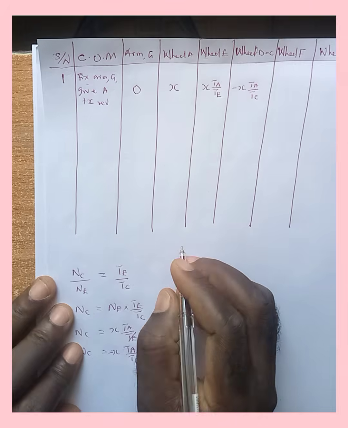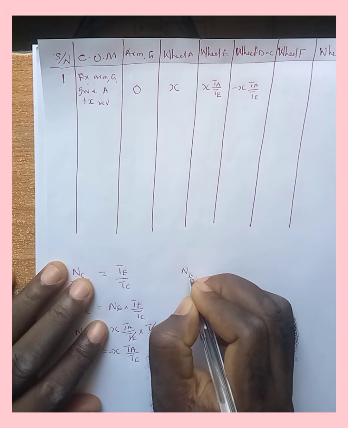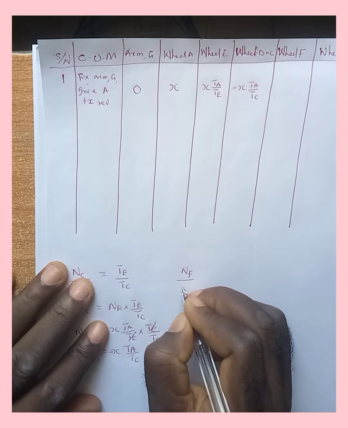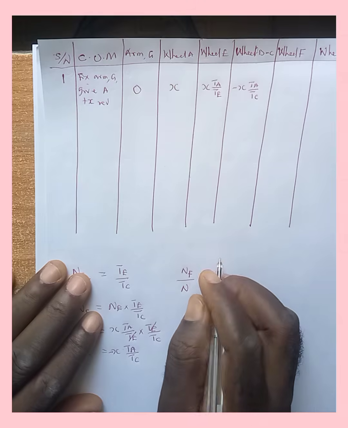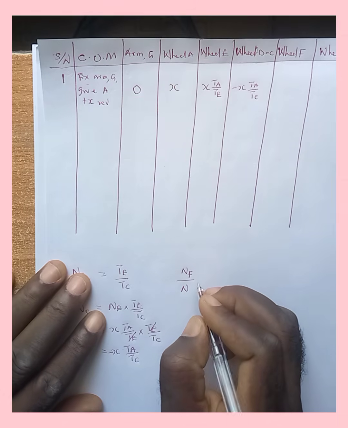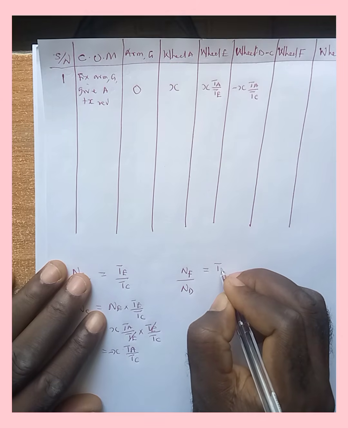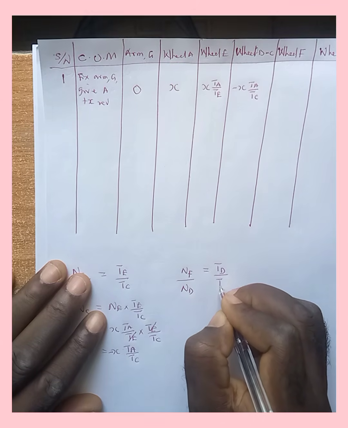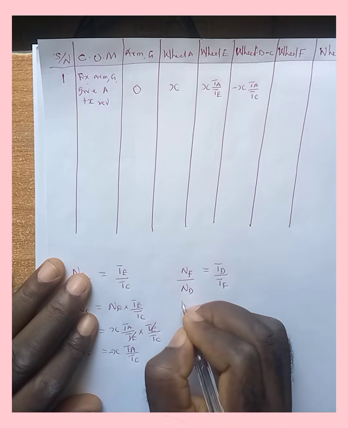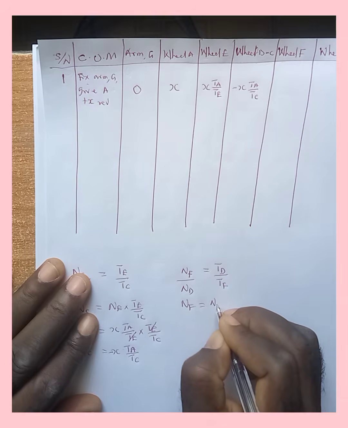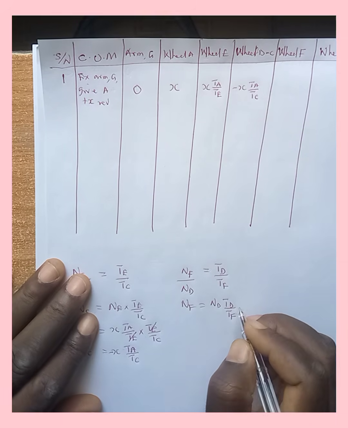So from here, to get that of F, it will be the speed of the driven divided by the speed of the driver, which is the speed of D, which is equal to the number of teeth on the driver over the number of teeth on the driven. Then from here, we are looking for NF, which is equal to ND multiplied by TD over TF.